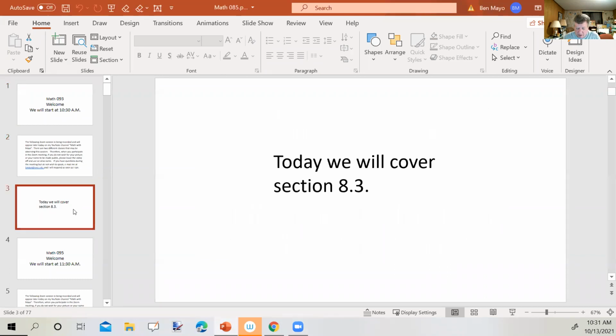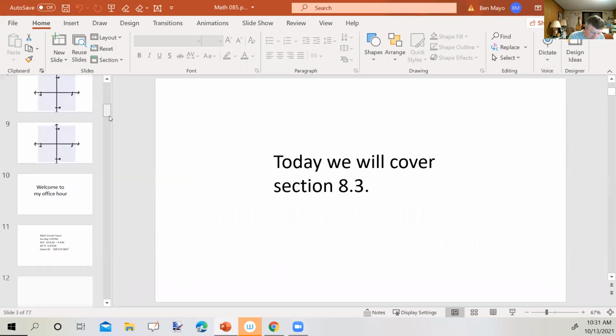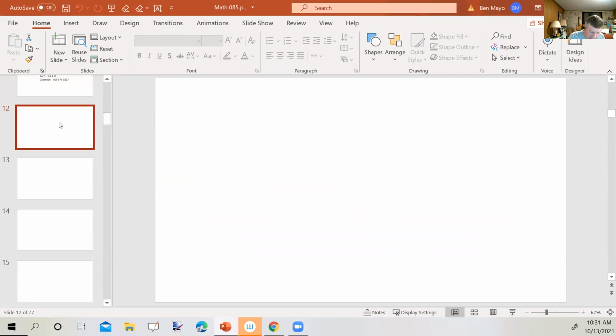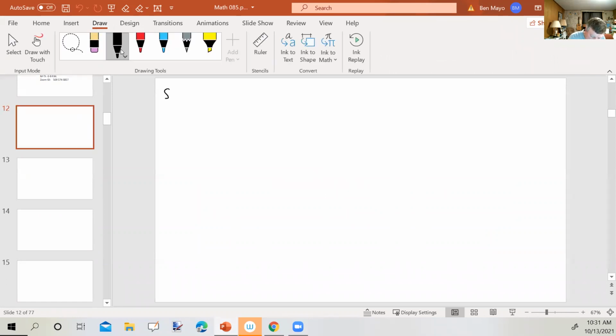Okay, so today we're going to go on to section 8.3, but first of all, we had a request for a problem, so we're going to do that. This is from section 8.2 part 2, and this is number 9.